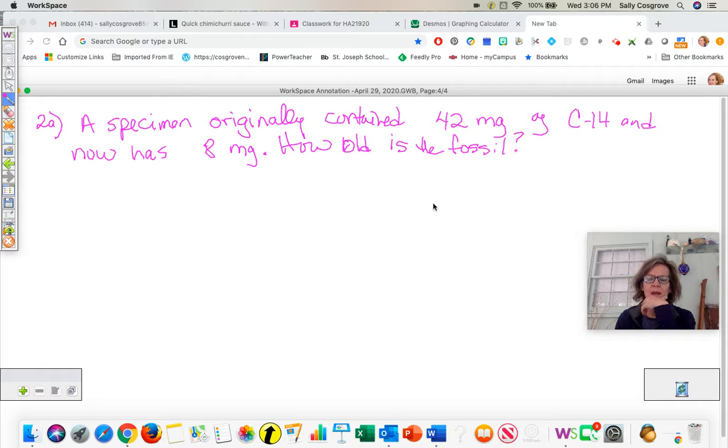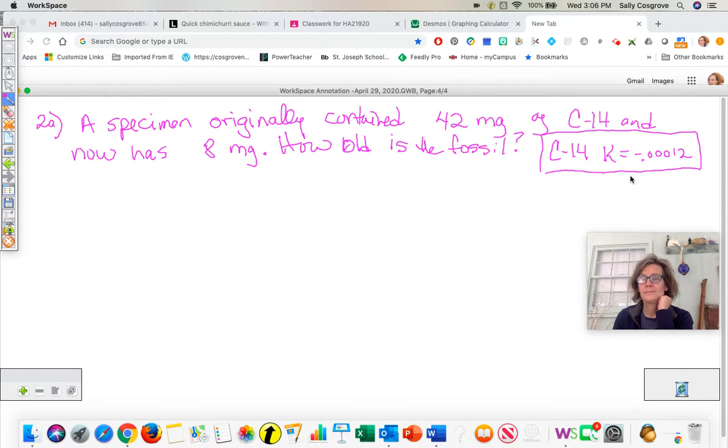And so the decay rate for carbon-14, so we'll say the carbon-14 K value or decay constant, is negative 0.00012, right? It's negative, making it decay.